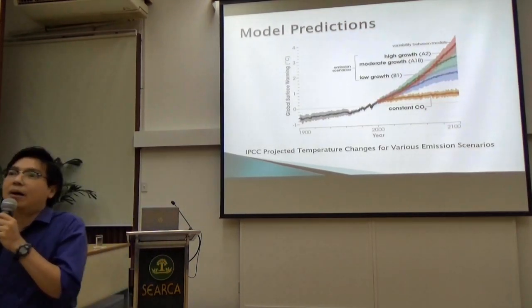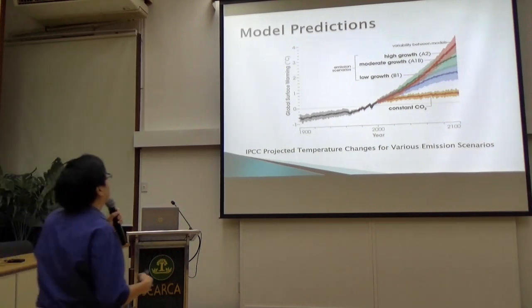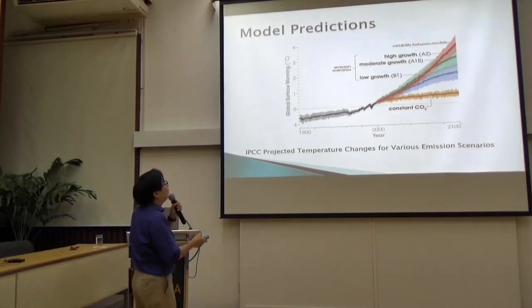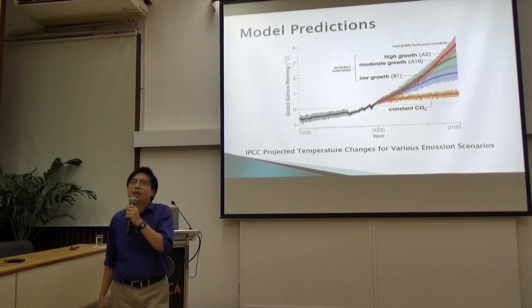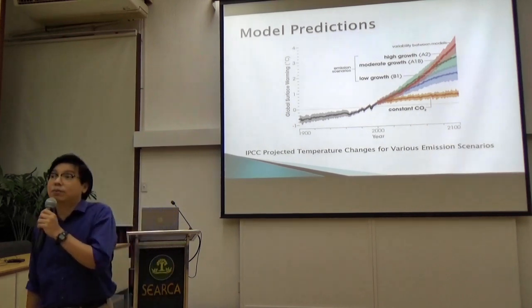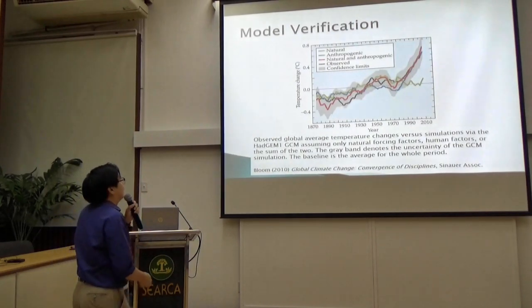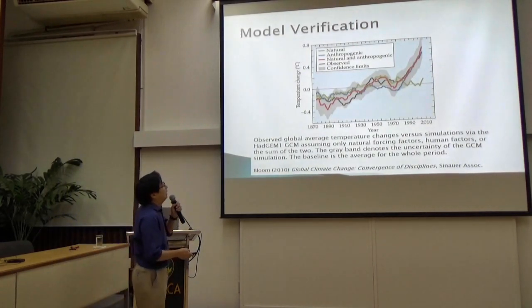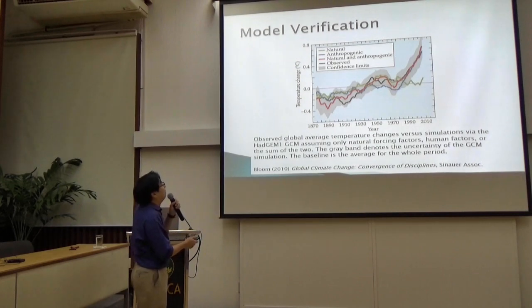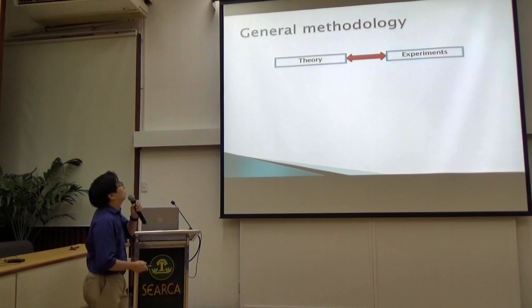What's going to happen to the climate? You will see that there are projections, and how do they make the projections? Through models. That's always through models. And you verify it. You can just read it, but basically the models have to be verified. You see here there's some verification and validation.